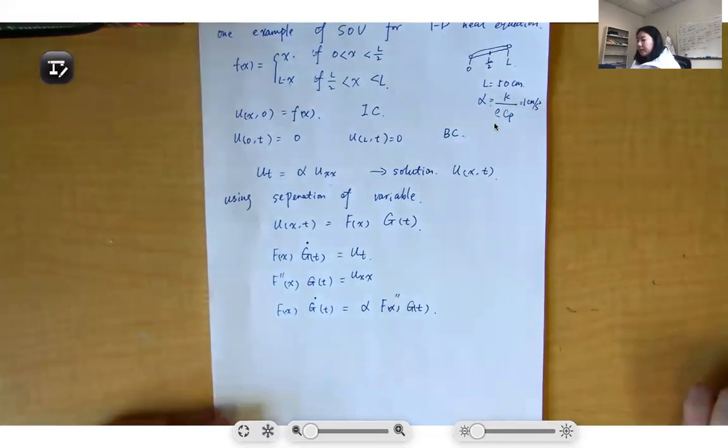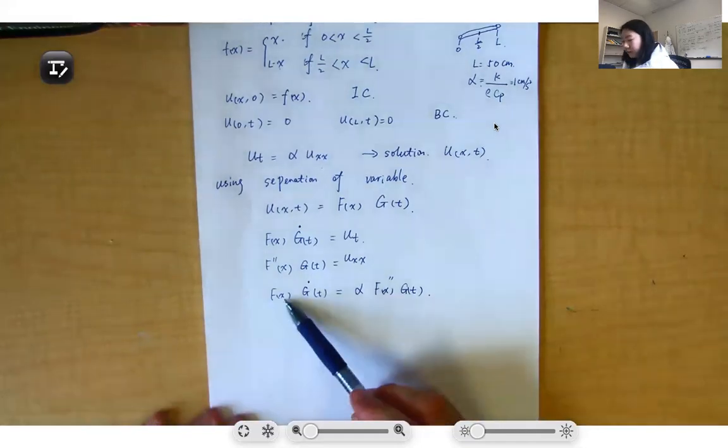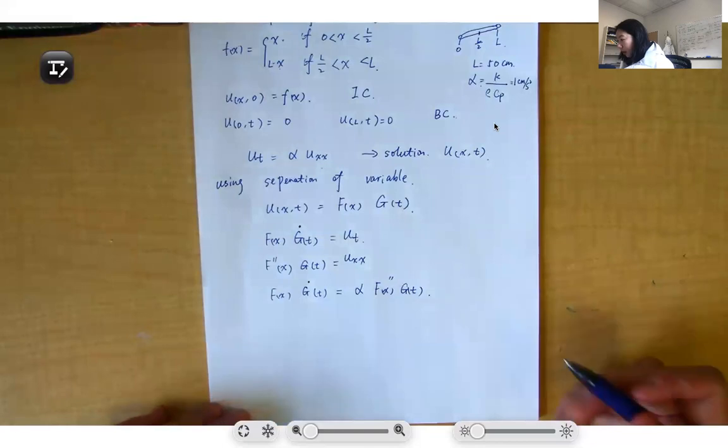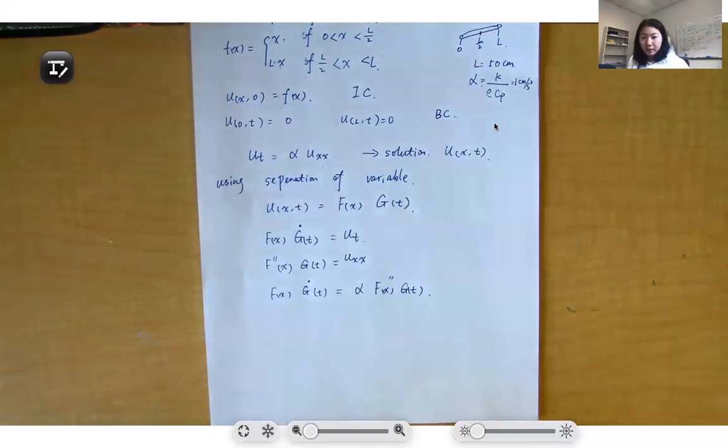Then you can see that we have an ODE as a function of x and an ODE as a function of t. Then we can separate them out: put the function of x on one side and the function of t on the other side.